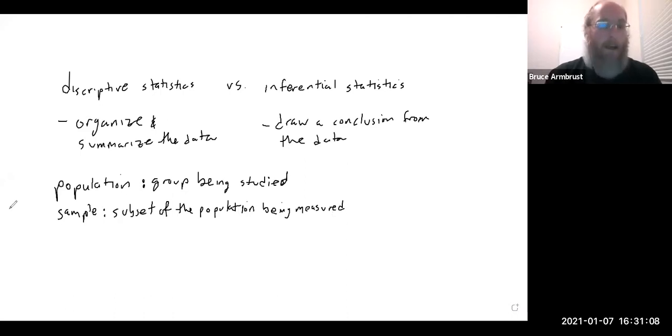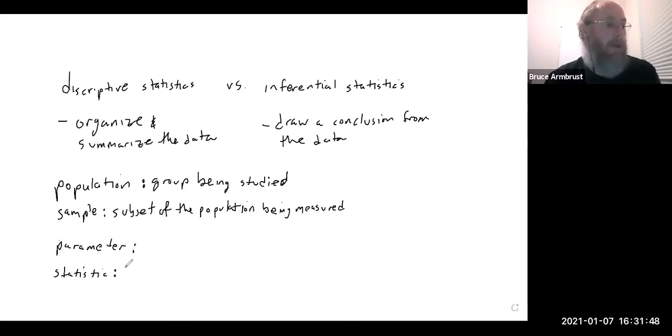All right. Along those lines, we also have what we call a parameter and a statistic. So I'm going to go ahead and write those as separate lines here. All right, so parameters and statistics. The statistic and the parameter are basically the number that we're using to characterize our group.